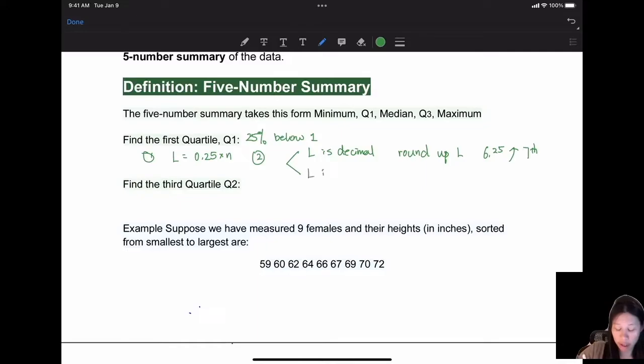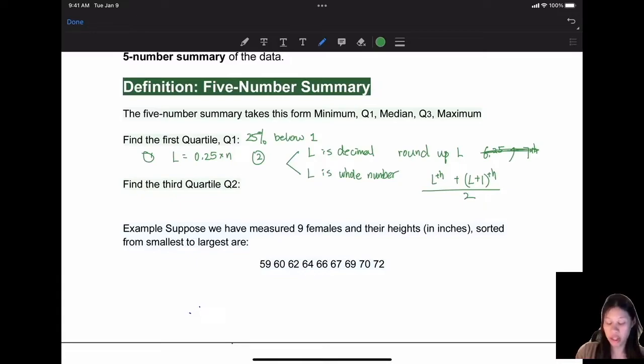But if L is a whole number, what would you do? If it's a whole number, you take the Lth data plus the L plus 1th data and divide by 2, which is the middle between the Lth and the L plus 1th data.